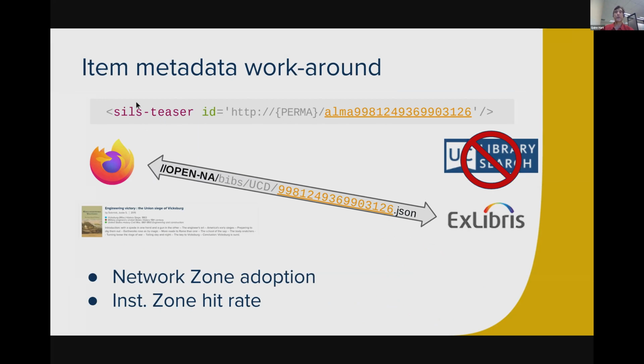But the component, instead of going to the library search at all, will check whether that record exists in Ex Libris's open common linked data format. If it does, it will render it. If it doesn't, it will come up with some sort of default solution. We're currently working with our network zone to get them to adopt adding those in as well. We've noticed that not all of the records in our institutional zone have made it there, so we're working on improving the hit rate.